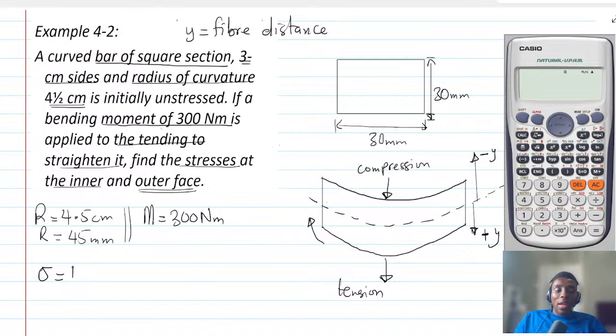The formula is given by M over A e r, into the bracket 1 plus h squared y, all divided by h squared r plus y. I was trying to memorize it but I have forgotten, so let me go back and look at the equation.